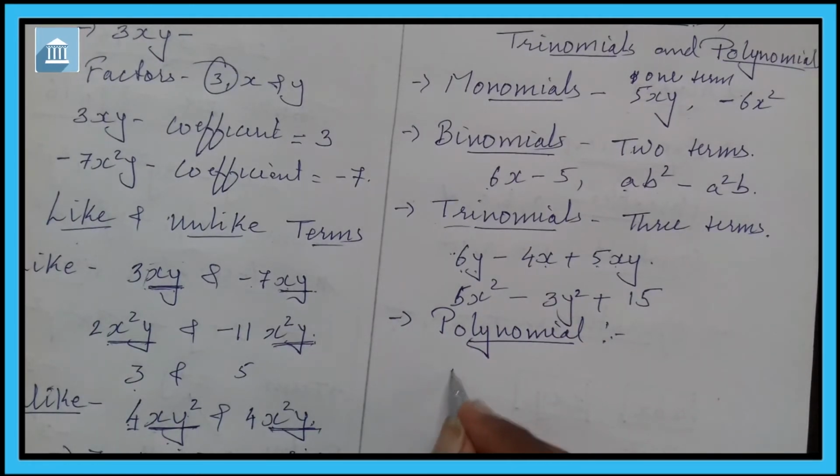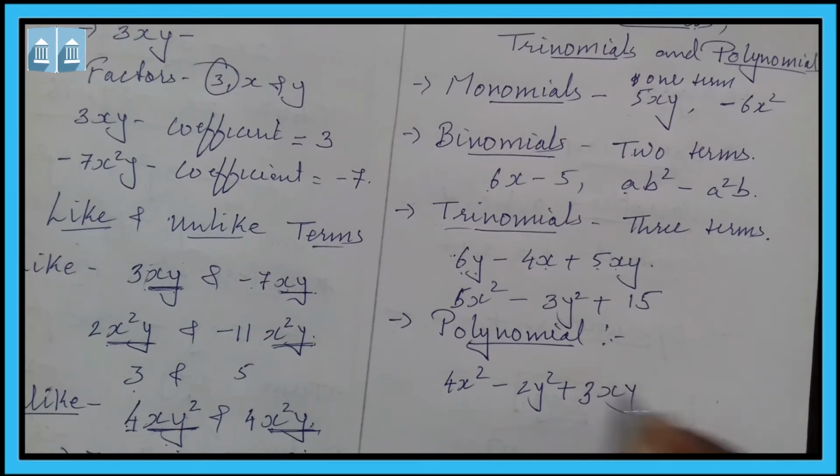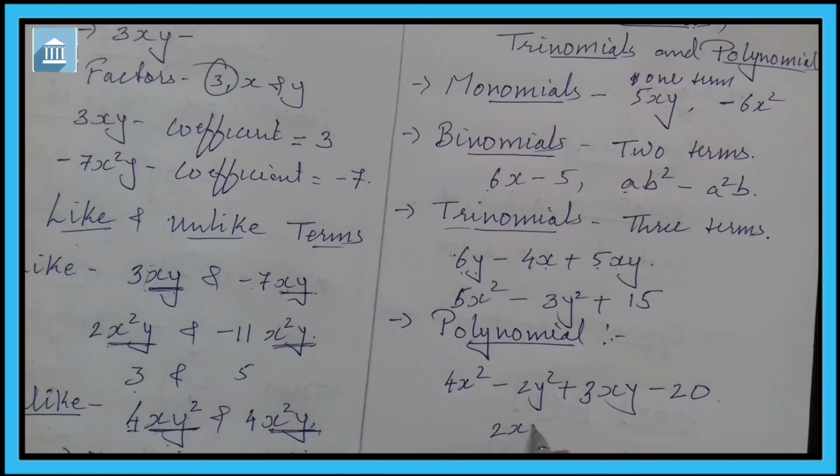For example, 4x square minus 2y square plus 3xy minus 20 has four terms, but it is also a polynomial. Or 2xy minus 30 is also a polynomial as it has two terms.